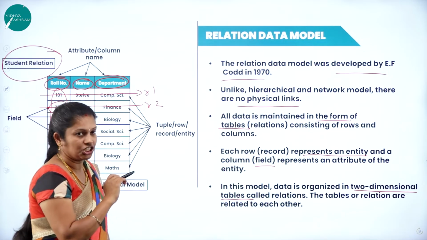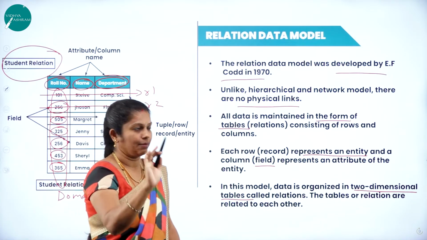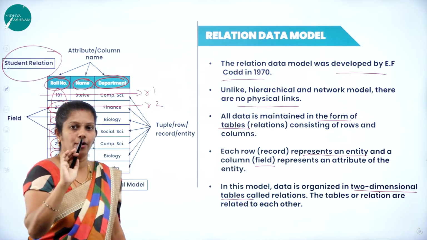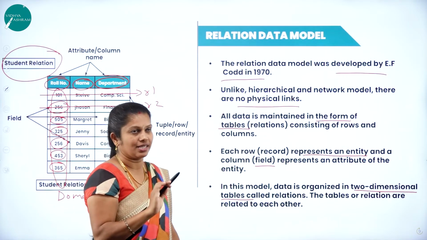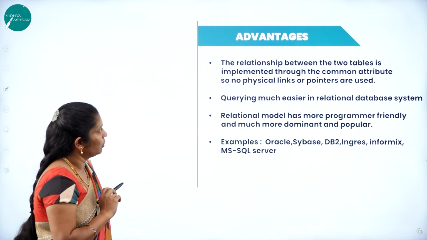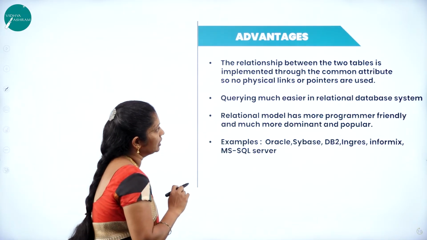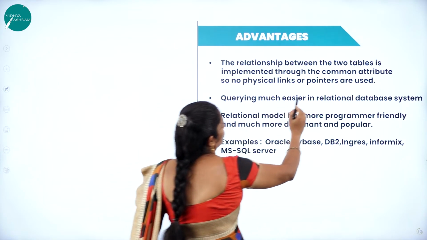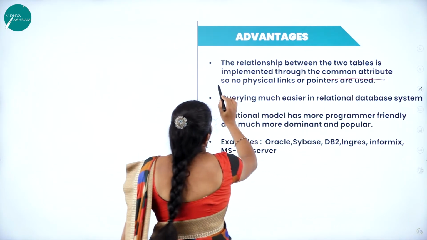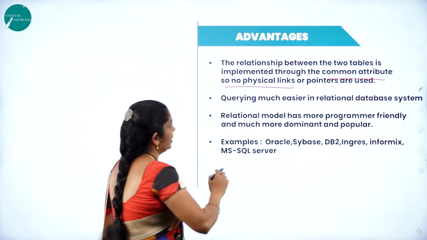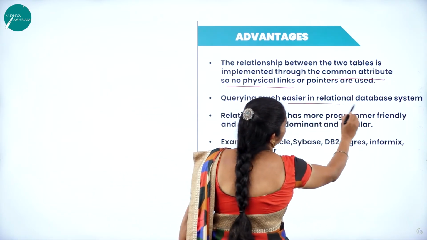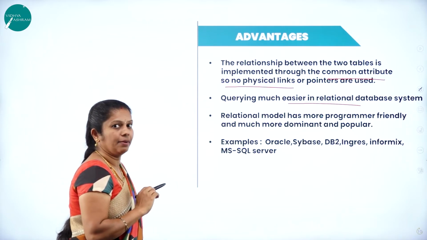But when we come to the relational model, everything is represented in table format. In this table, we have rows, columns, attributes, headings, fields, everything is there. Then advantages: the relationship between the two tables is implemented through a common attribute. No physical link here. And queries are easier in a relational database.